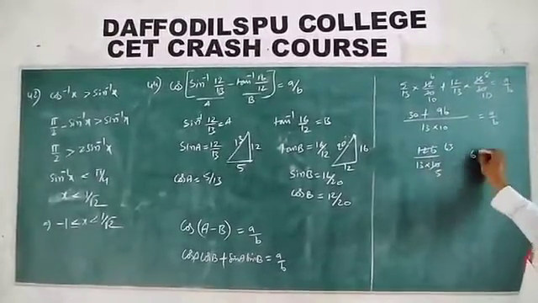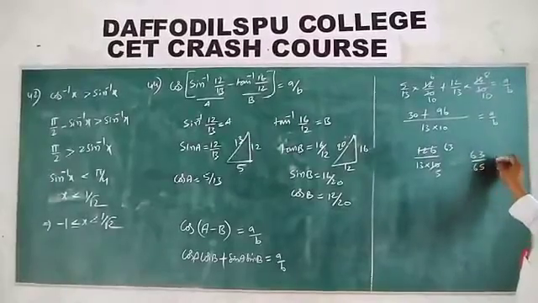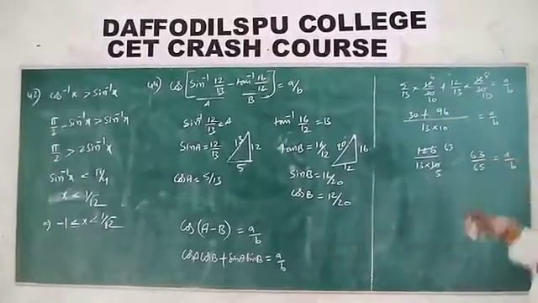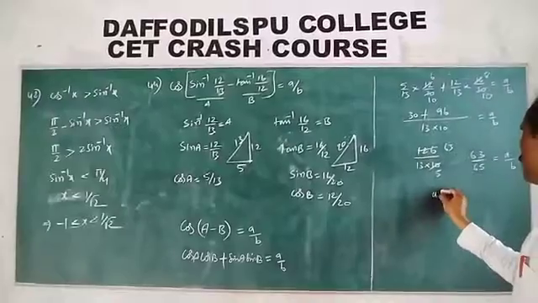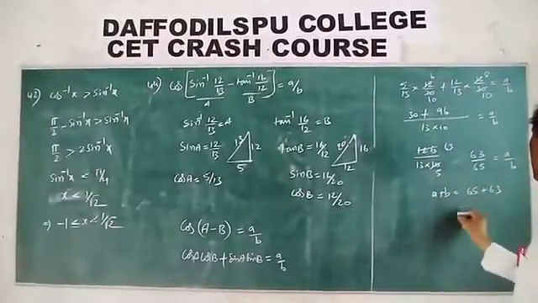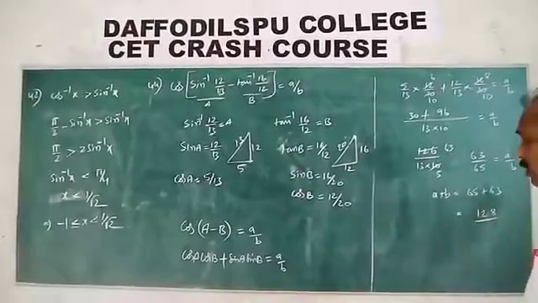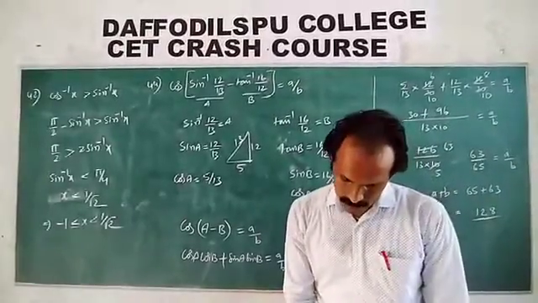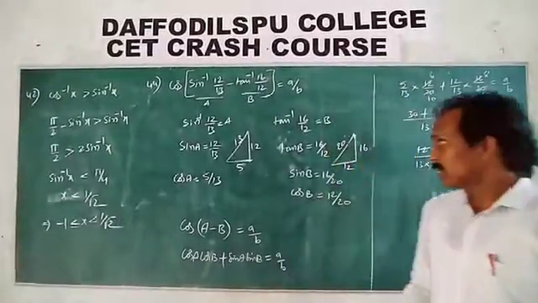So 63 by 65 is equal to a by b. They are co-prime numbers. Therefore a plus b is equal to 65 plus 63, which is 128. Therefore the second option is the correct answer.